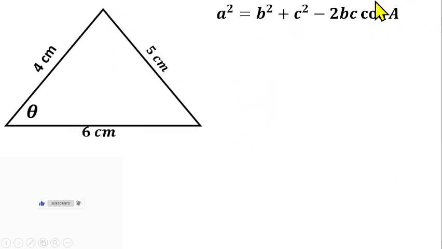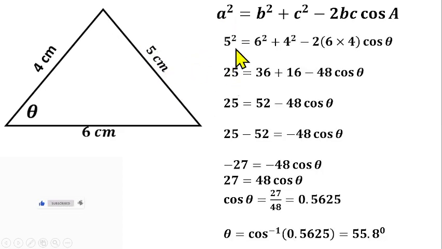If you remember the cosine rule, I just gave you the general cosine rule to remember. But even without this, if you understand what the cosine rule is saying, our aim is that we are looking for this angle, which is theta. Then what do we have? The side facing it, that you are going to write first, 5 squared.